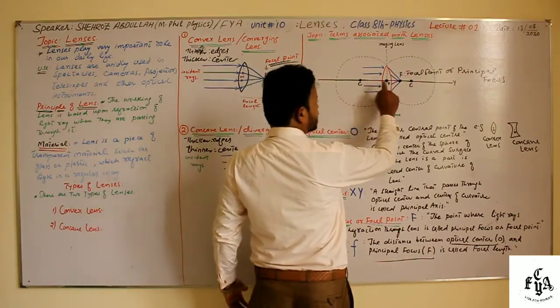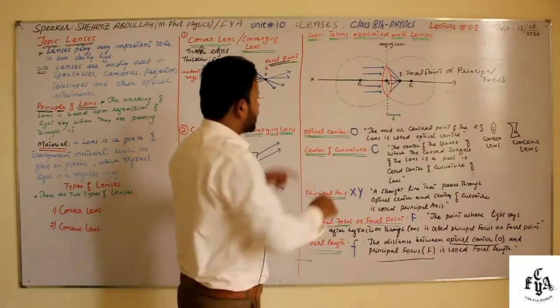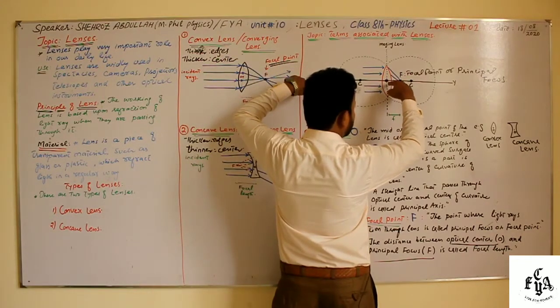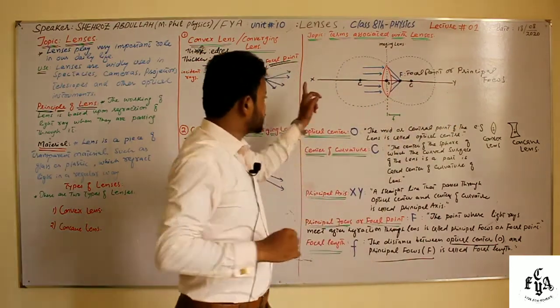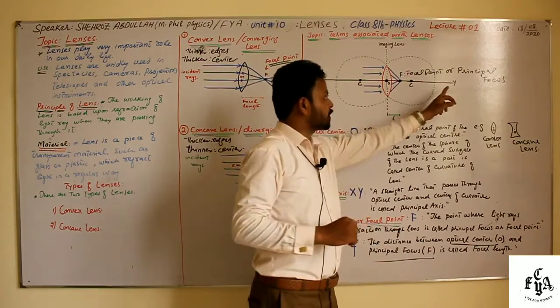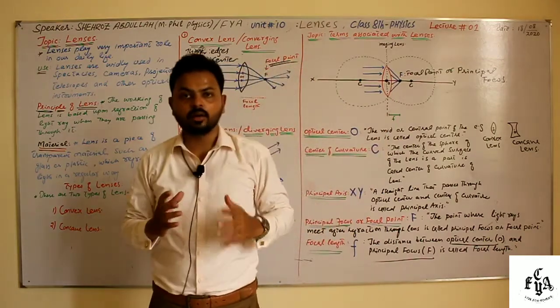This is the optical center, this is the center of curvature. The straight line passing through them is known as the principal axis, or XY.